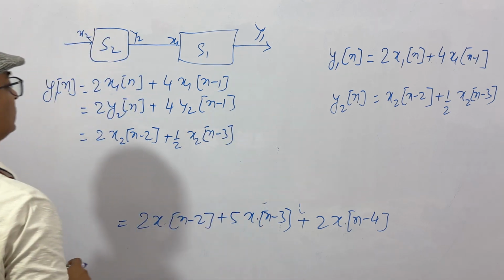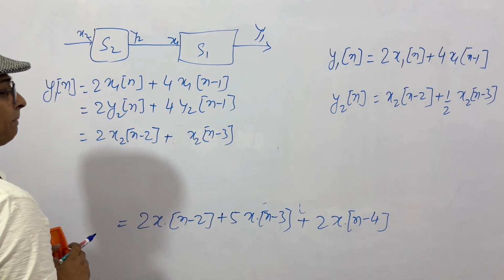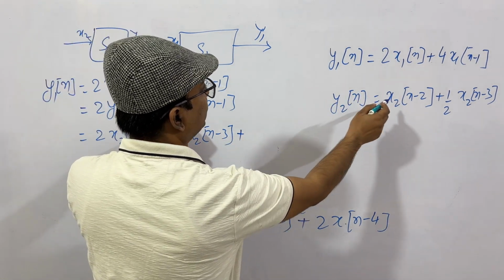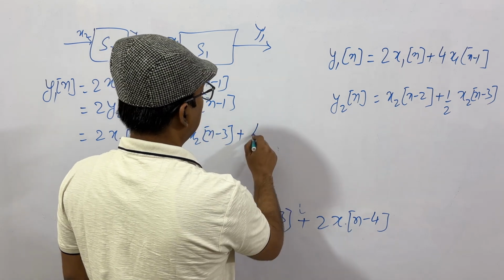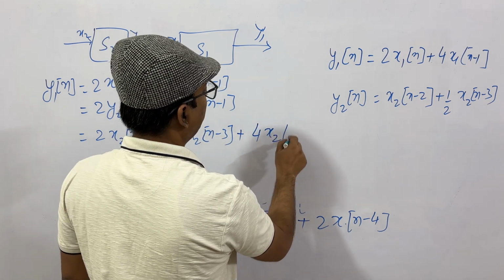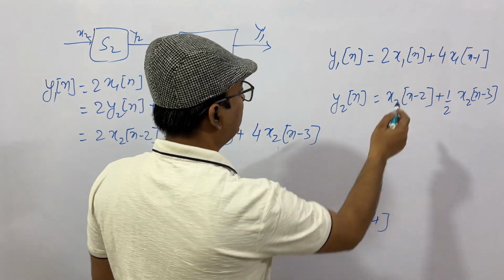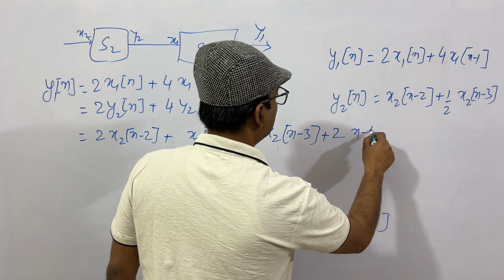So this is 2x2[n-2] plus 1x2[n-3]. Now the second part, 4 into y2[n-1]. So 4 into this, we'll have to put minus 1 again: 4x2[n-3] plus 4 into half, that is twice x2[n-4].